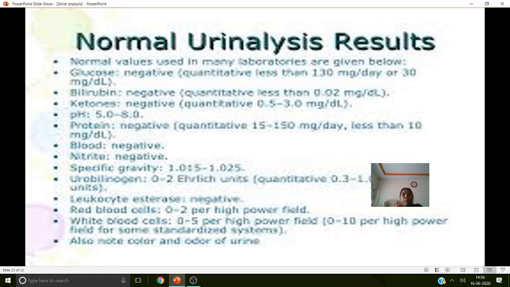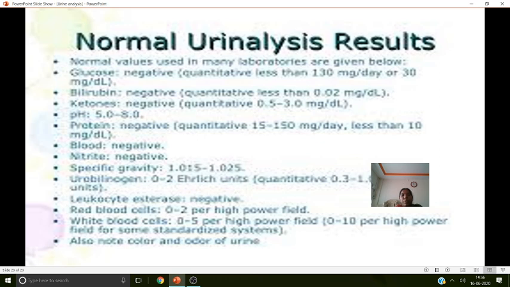Bilirubin negative, quantitative less than 0.02 milligram per dl. Ketones negative, quantitative 0.5 to 3 milligram per dl. pH is 5 to 8. Protein negative, quantitative 15 to 150 milligram per day or less than 10 milligram per dl. Blood is negative, and nitrates also negative in a normal adult.